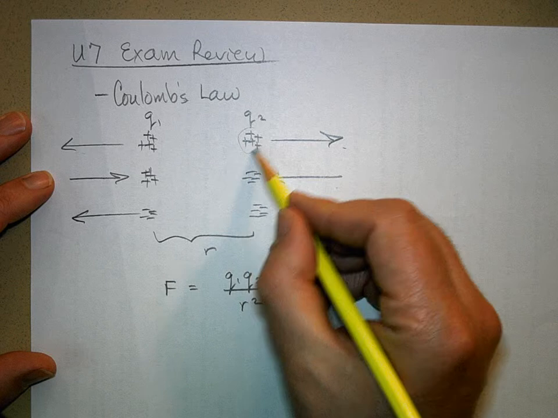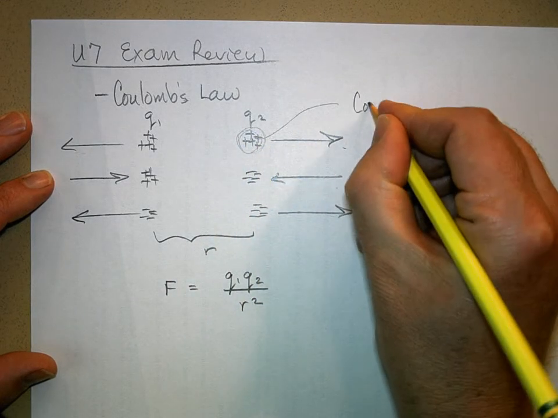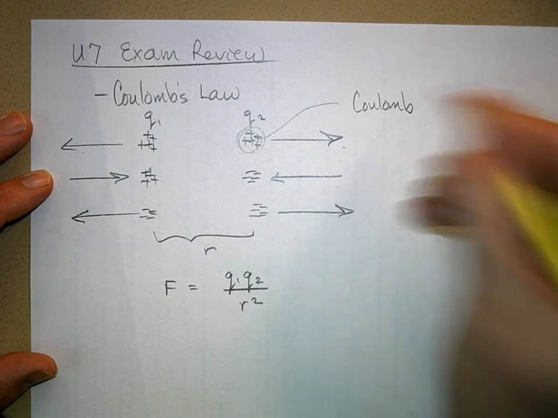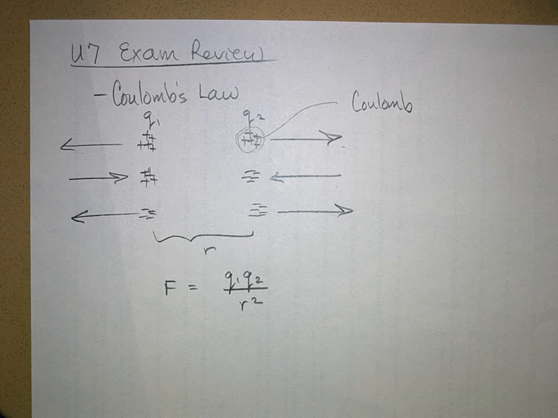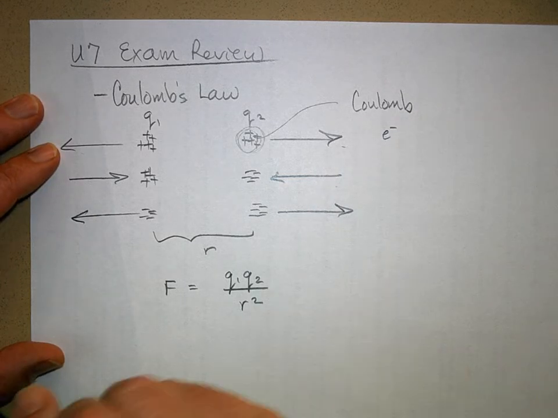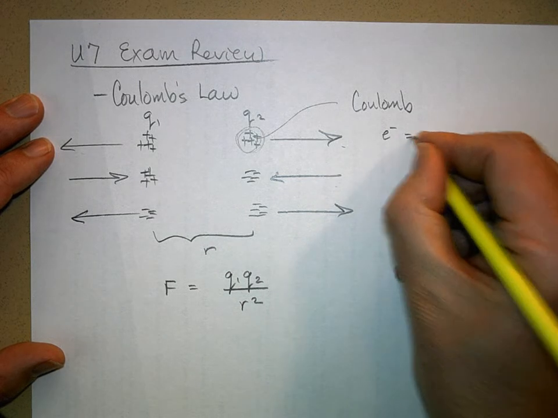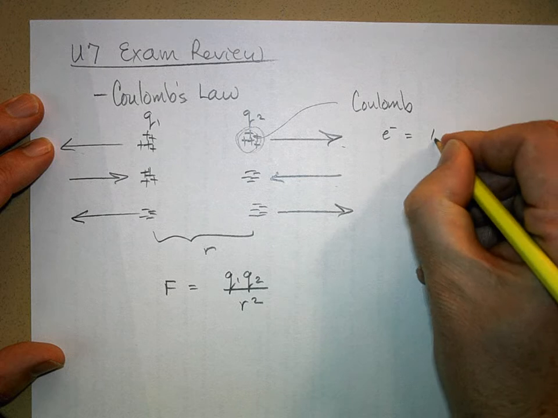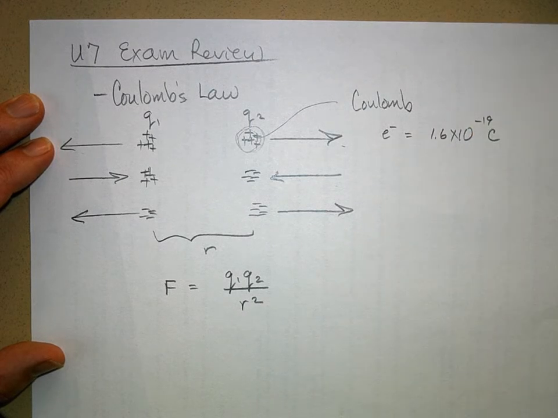Now, a big quantity of charge we define to be the coulomb. The coulomb is a quantity of charge. Just think of it as a big basket of protons or a big basket of electrons. It's a heck of a lot of that. We know that the fundamental charge, the charge on an electron, is equal to 1.6 times 10 to the negative 19 coulombs.